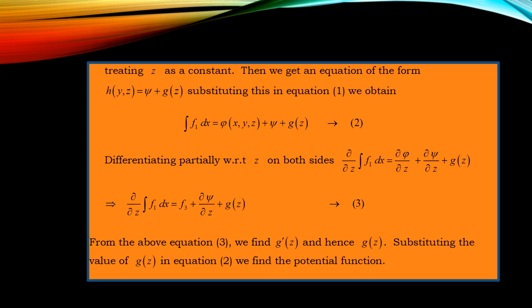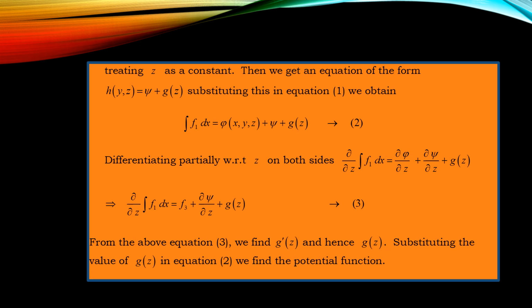We differentiate this particular equation with respect to z partially on both sides. From the resultant equation, we can find out the value of g'(z). After finding g'(z), by integrating with respect to z on both sides, we can obtain the value of g(z).